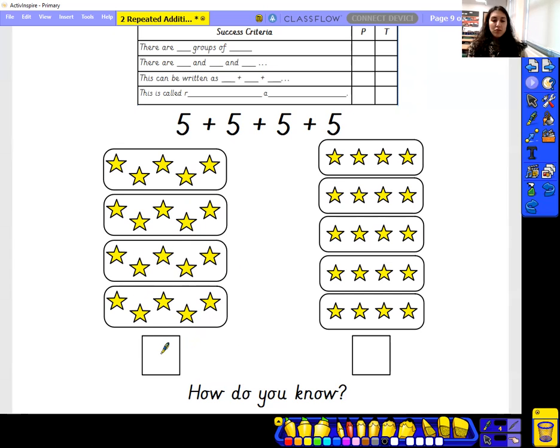So it's this representation that's showing us that we've got 5 and 5 and 5 and 5. Lovely, because I've got the number 5 written 4 times to represent my 4 groups. 1, 2, 3, 4.